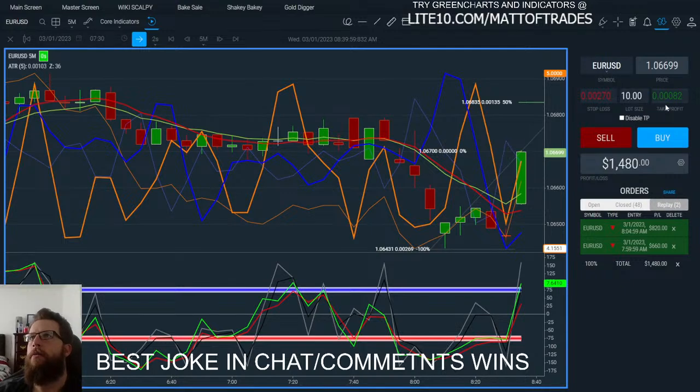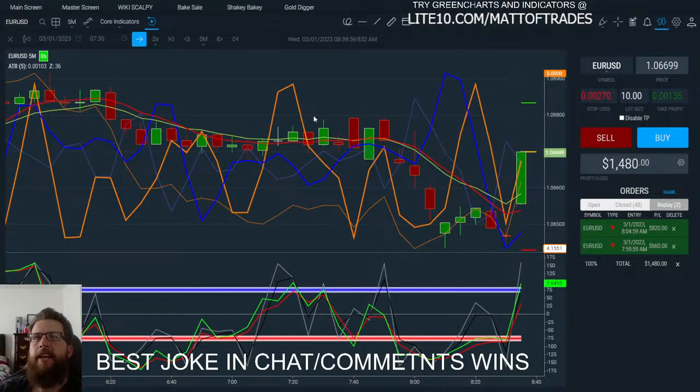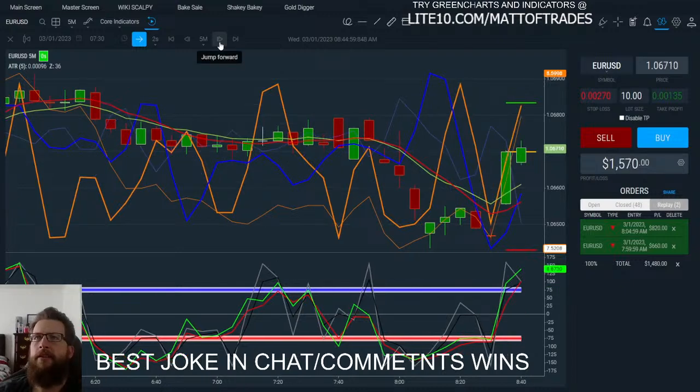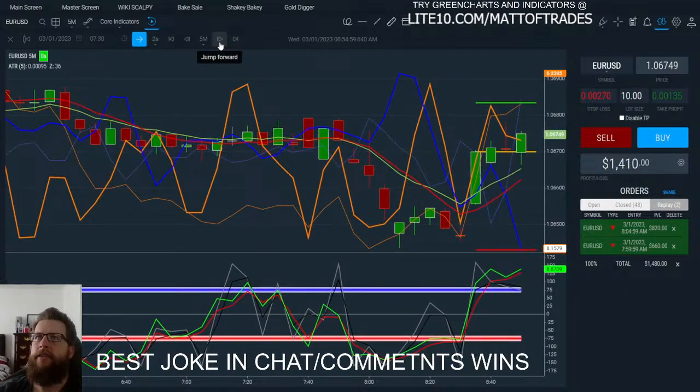So it's going to be 135. I'm not even necessarily following a specific trade plan, just kind of going based off of indicators.